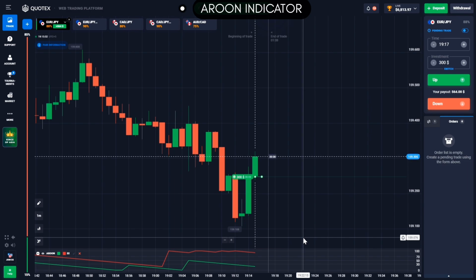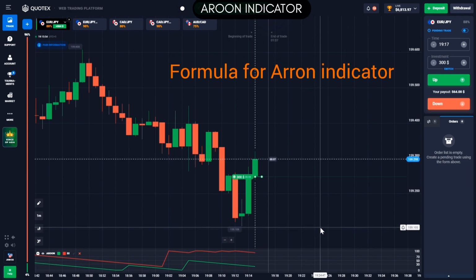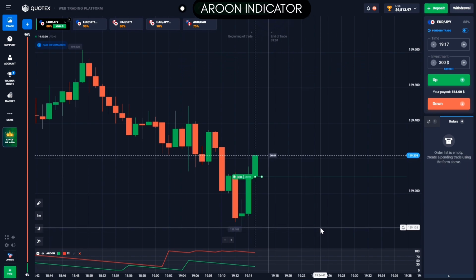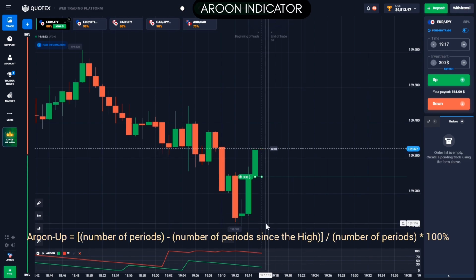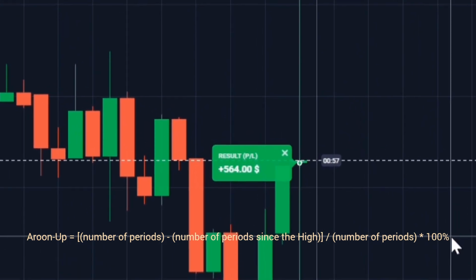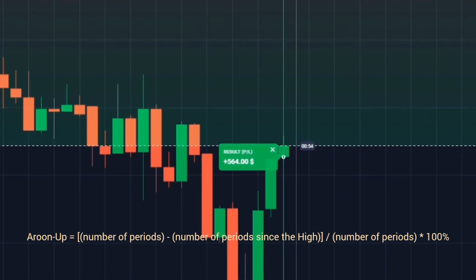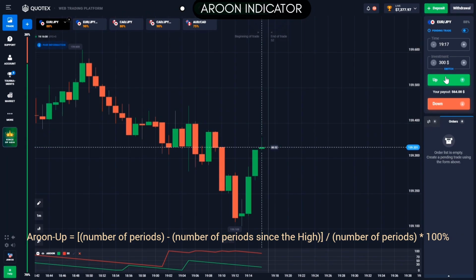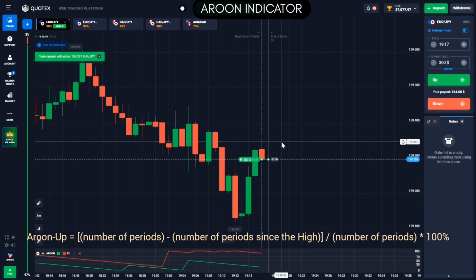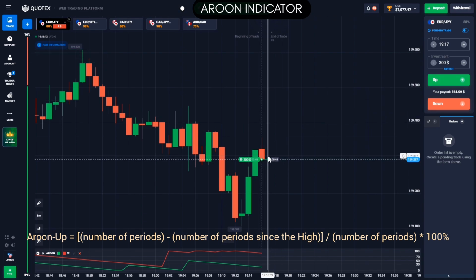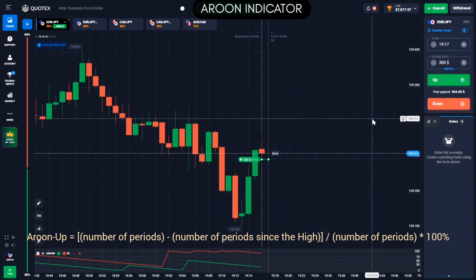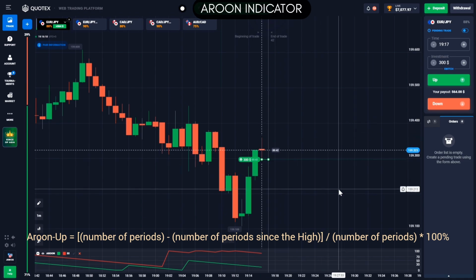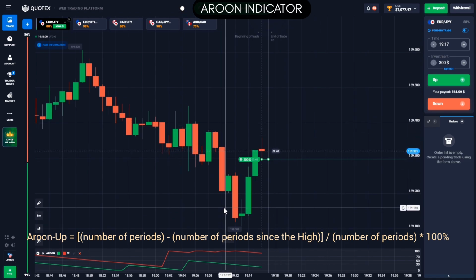Number 3. Formula for Aroon indicator. Aroon up formula. Aroon up equals (n minus periods since highest high) divided by n, times 100, where n is the chosen period, commonly 25.